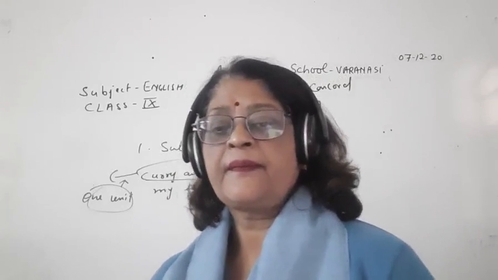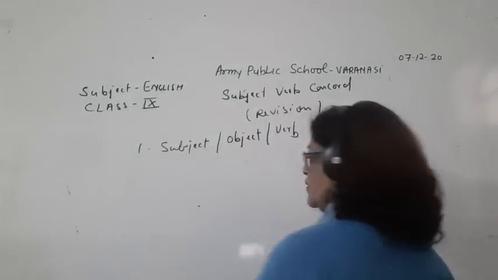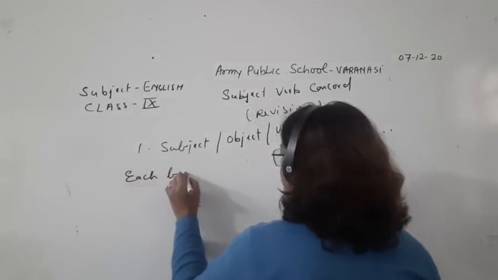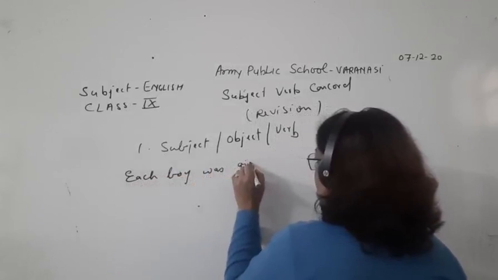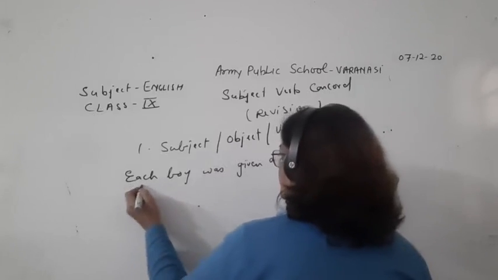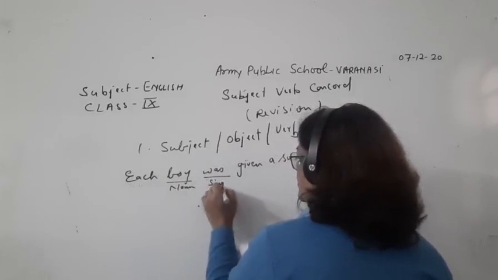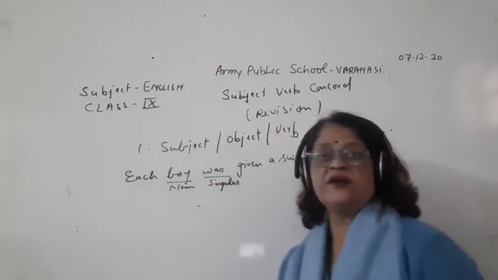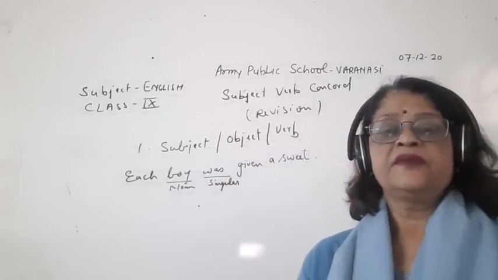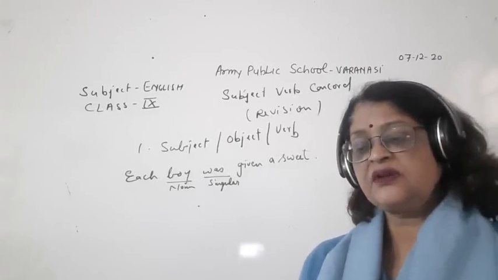Like, this example we can write: Each boy was given a sweet. Each boy. So here this is a noun and each is before it, and this is singular. Each boy was given a sweet. So this was singular.